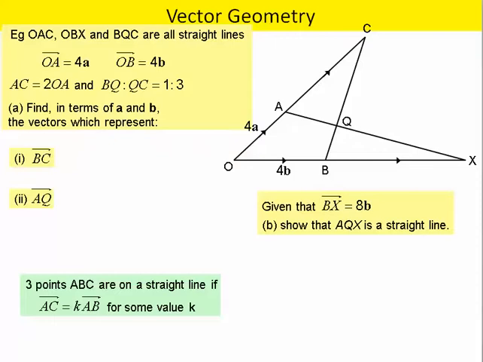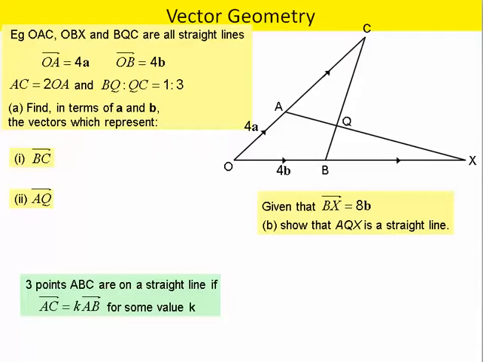So now let's look at this final problem. We've got a lot of information that we're given. OA is 4a, OB is 4b. We're told that what looks like straight lines, OAC, OBX, and BQC are all straight lines. We don't know about AQX though. We're told AC is equal to 2OA.